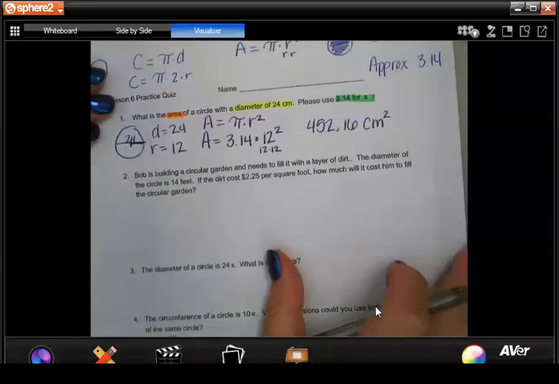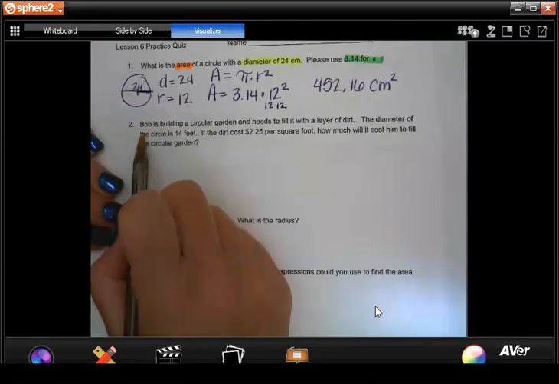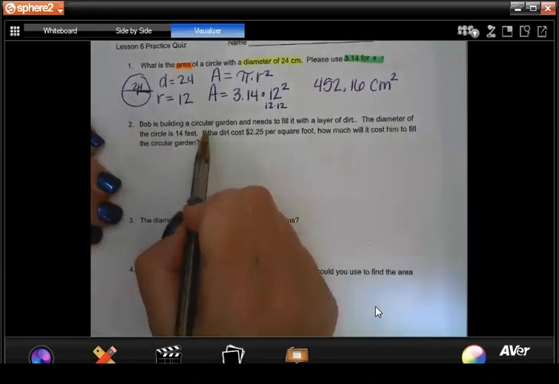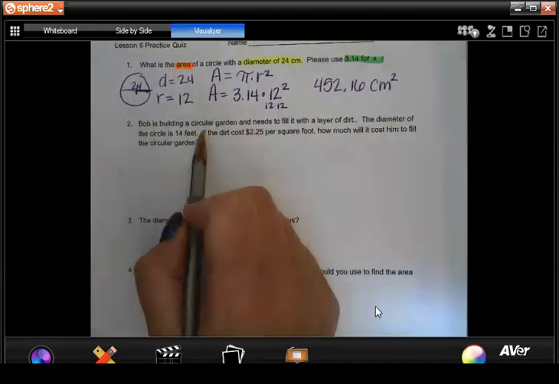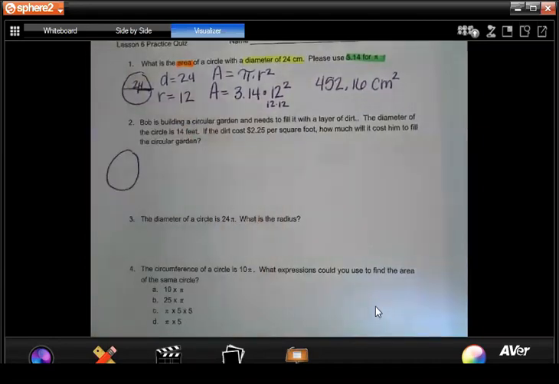Okay, so here's the second problem. Bob, Bob the builder, is building a circular garden and he needs to fill it with just a little layer of dirt. Okay, so here's Bob's circular garden.